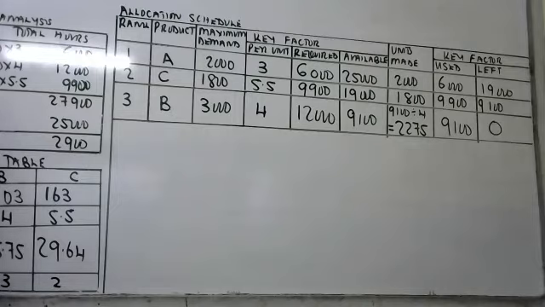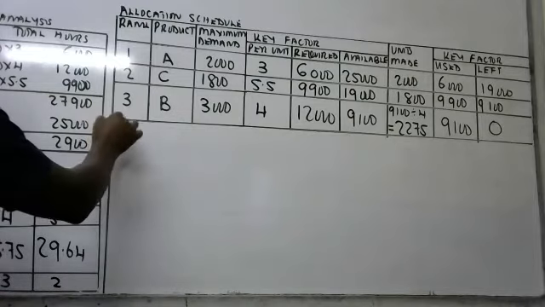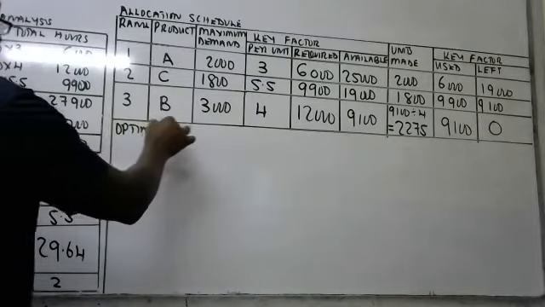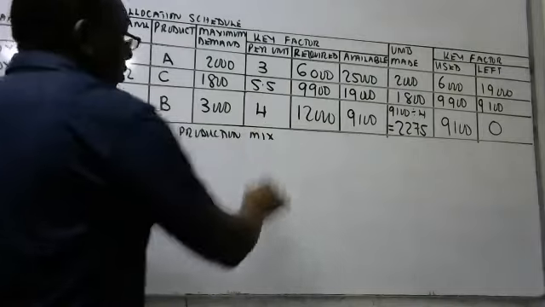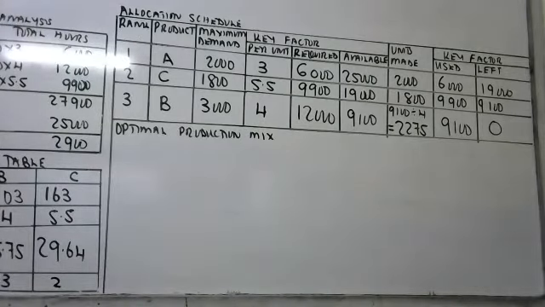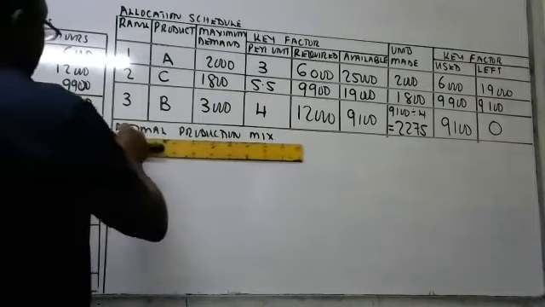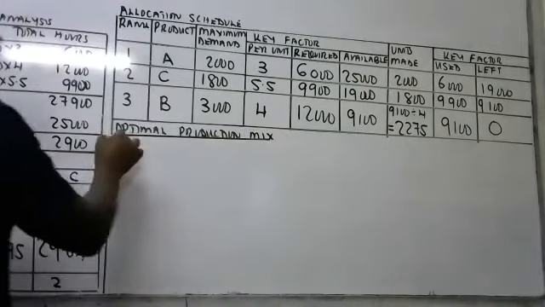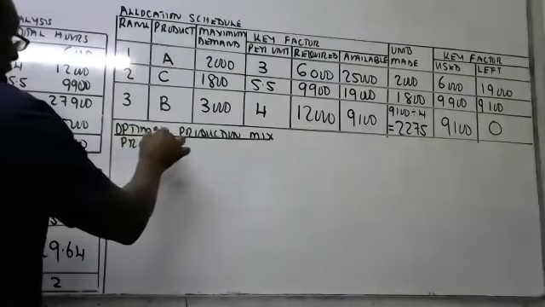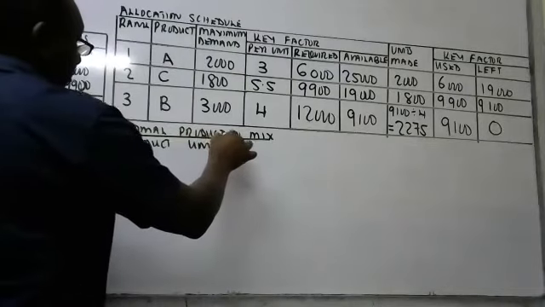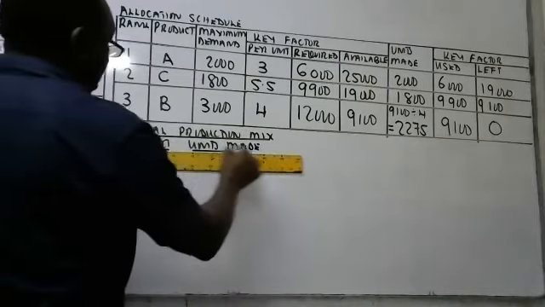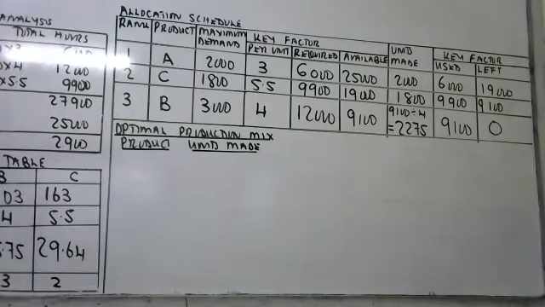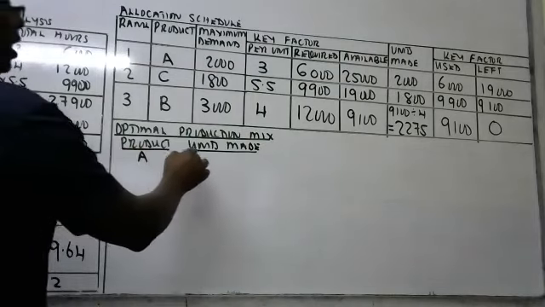So that is how you make the product mix. If you want to summarize the optimal production mix, you will have the product and the units made. Product A, we are making 2,000.